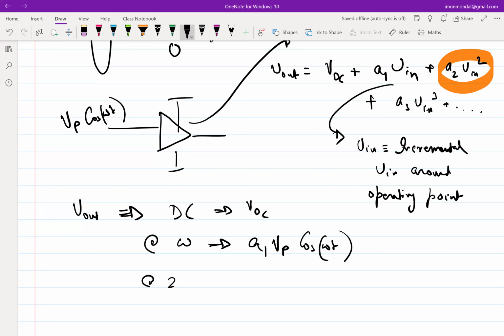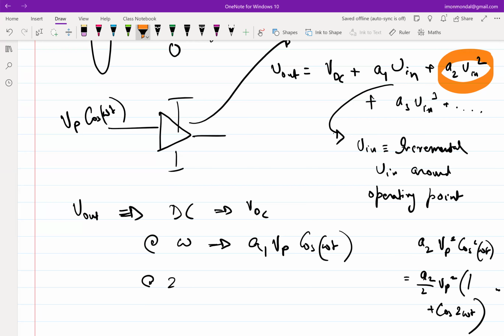If I expand that term, I'm going to get A2 VP squared cos squared omega t, which means A2 by 2 VP squared times (1 plus cosine 2 omega t). So this extra DC term is going to get added up here, and the other term will contribute at 2 omega, which is A2 by 2 VP squared.